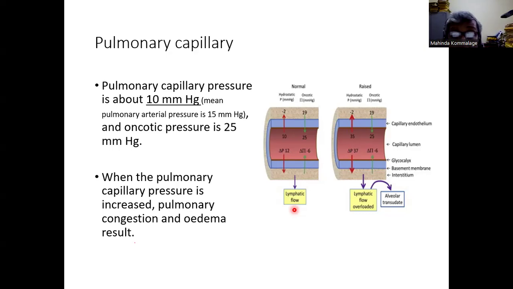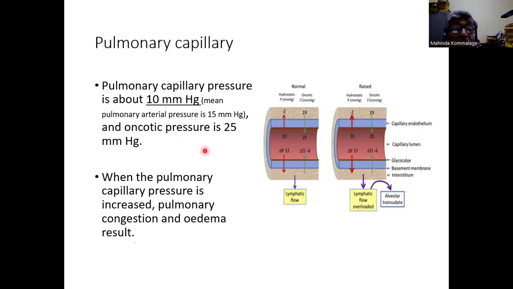But if this hydrostatic pressure increases, if this value of 10 increases, that will occur in left heart failure, because the left heart will not work properly and cannot take blood from the pulmonary circulation and push it to the systemic circulation.